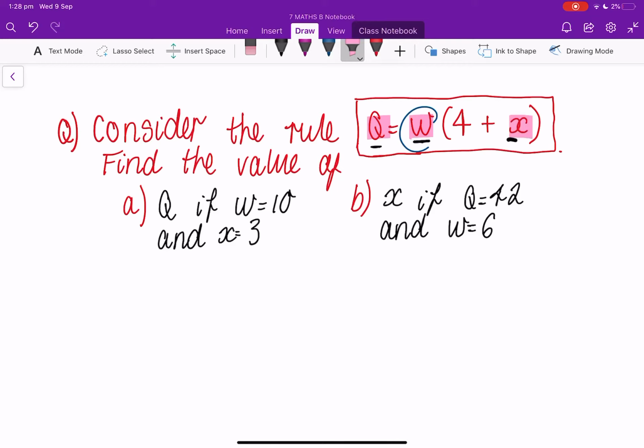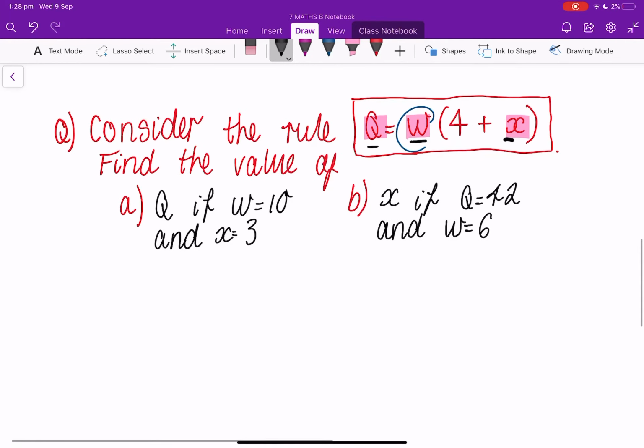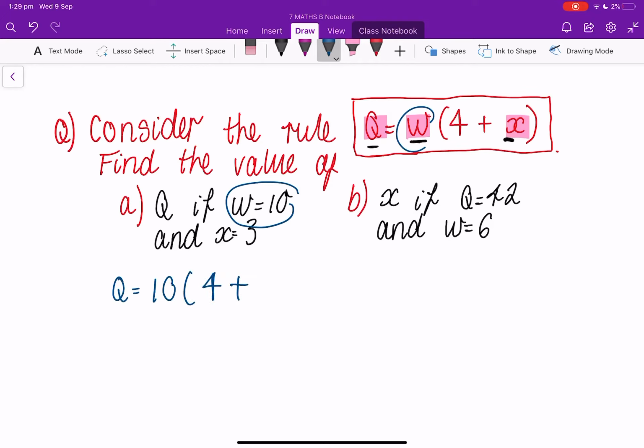My first step is to substitute what we know. At the moment we want to find out what k is. We don't know what k is, so I'm going to write q. Now, w is 10. So, 10 brackets 4 plus x, and x is 3.